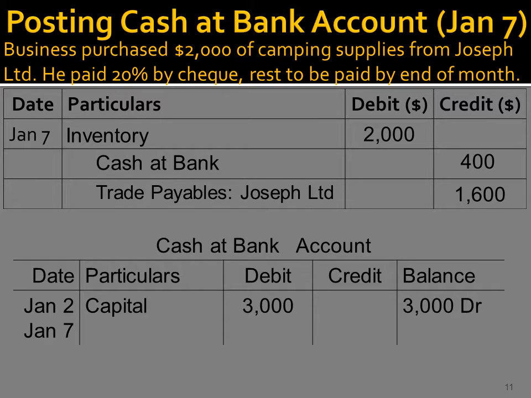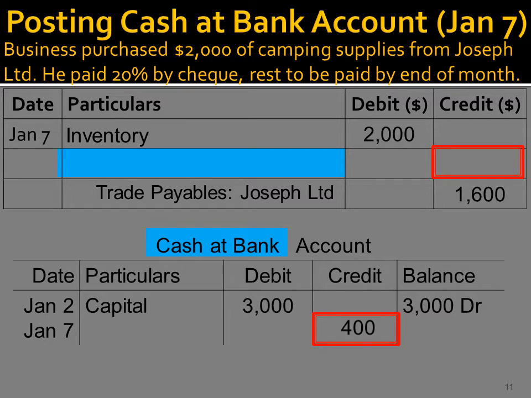Let's start to post the cash at bank account to the ledger. If you recall from the steps, the first step is to post the account to the ledger. Step 2 is to post the associated amount to the respective sides, either debit side or credit side. In this example, we have a credit entry to the cash at bank account, so we will put the $400 on the credit side.